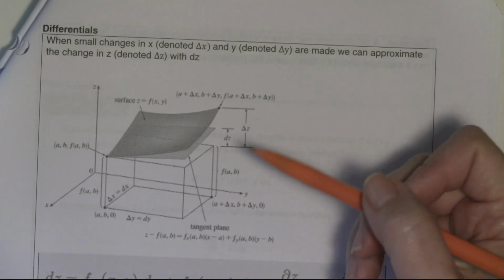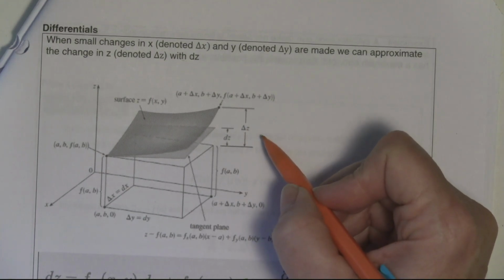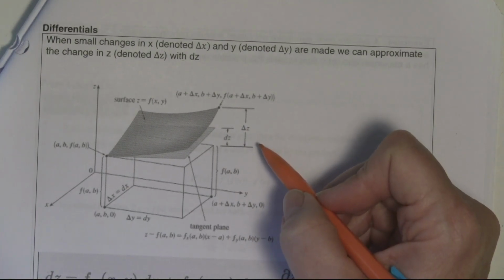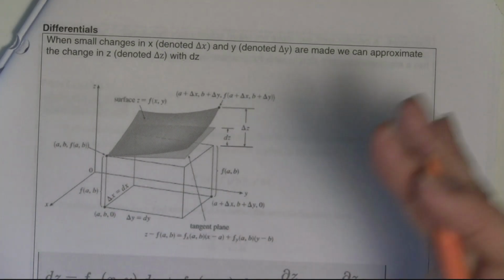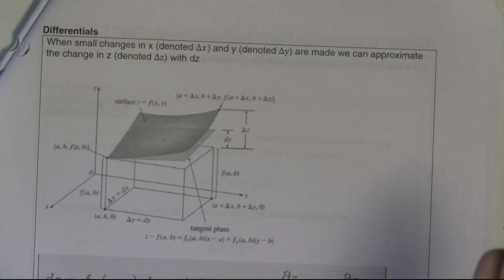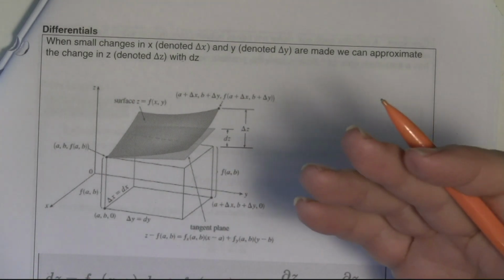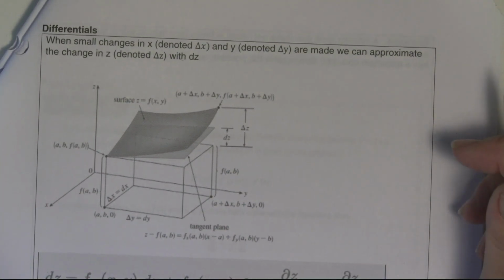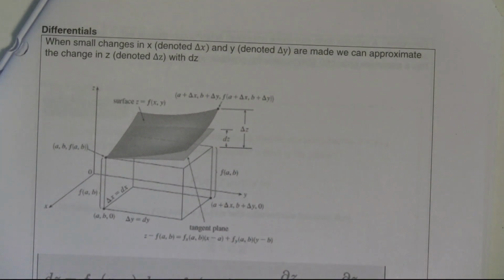Now, delta z is the exact height change, and dz is using the tangent plane to find the height change. It should be kind of close, and dz should use less computing power. Of course, they've given us ones that are so easy that we could calculate both of them, because they want us to see that they're very close to one another.